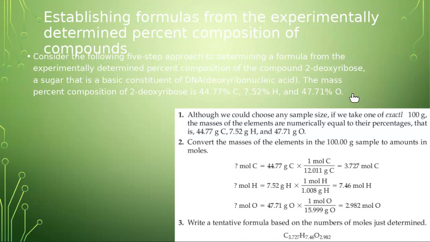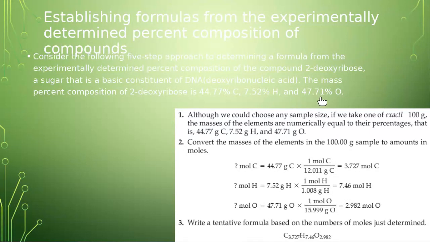okay? You can think that this percentage is approximately equal to the grams of carbon, hydrogen, and oxygen. While you add all of these percentages, you will find 100%.